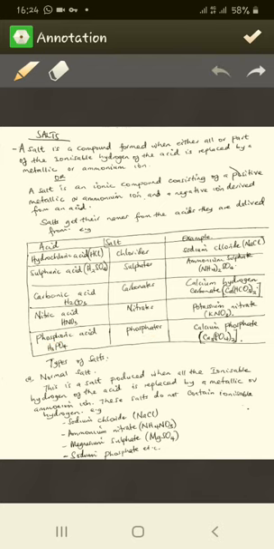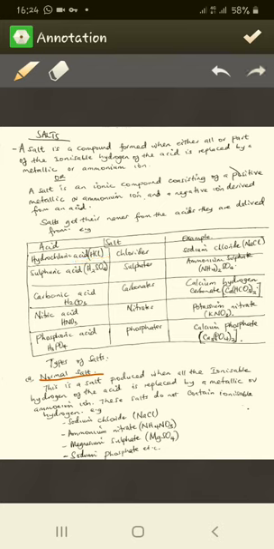Types of salts. We have 2 types of salts which are common at your level, and one of them is a normal salt. A normal salt is that one where all the hydrogens have been replaced. For example, look at this hydrochloric acid. It has 1 hydrogen and it has been replaced by sodium to form sodium chloride.